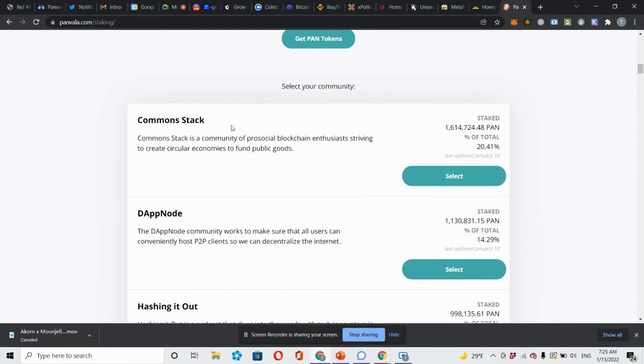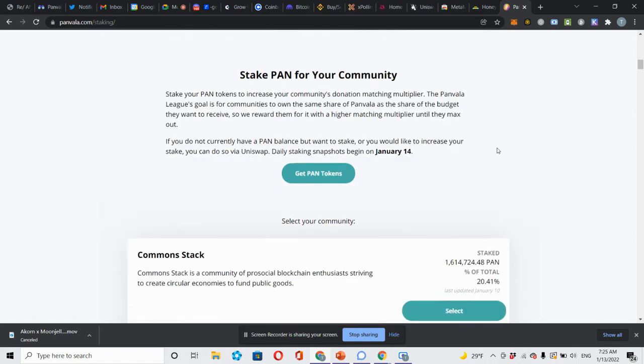So, for example, Common Stack has over a million PAN staked at this point in time, which is 20.41% of the total. And based upon this, you'll be able to get rewarded in the total amount of PAN that's available.